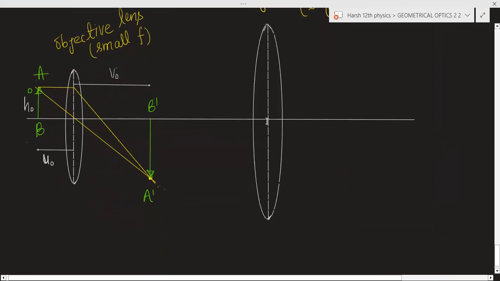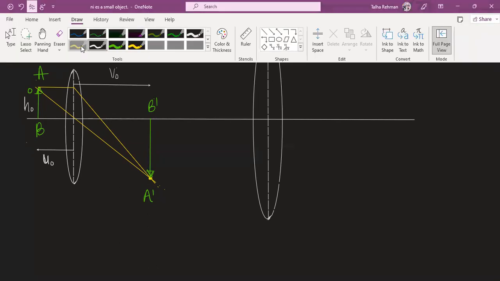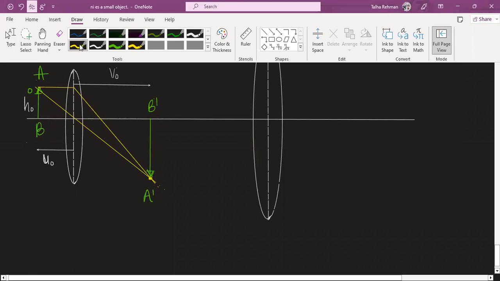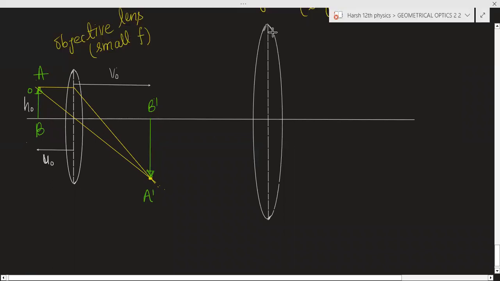For this eyepiece, this is not the image; this eyepiece will think this is the object. And this eyepiece will produce the image of this object somewhere else, and that image finally you will see in the compound microscope.